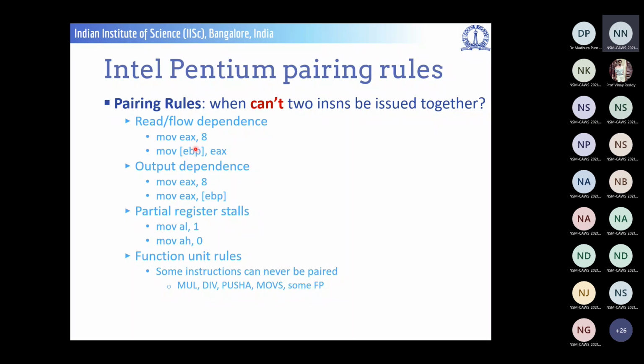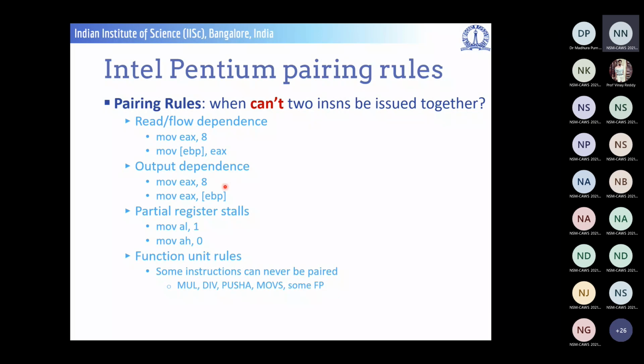This EBP register holds the address in memory where it wants to put the value that is in the EAX register. So you can see there is a dependence here, because unless this instruction completes, the next one cannot execute. So they would not pair them together to go in the pipeline in the same cycle, because they will get stuck. You have to put in stalls.